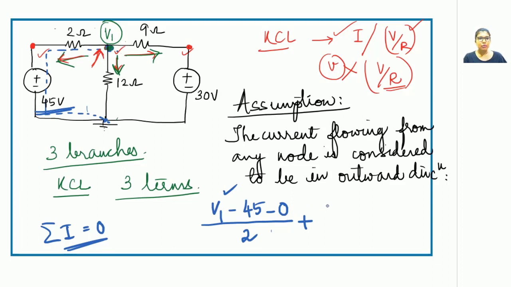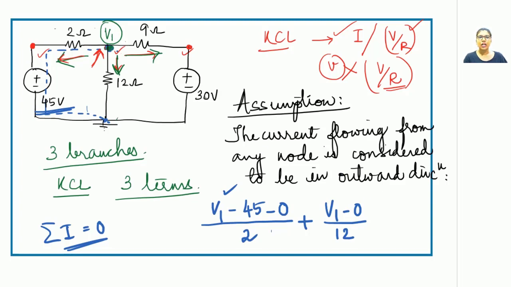For the second branch, my equation shall be V1 minus 0 upon 12. So V by R form. So it finally represents the branch current for this particular branch, starting from here till the end.